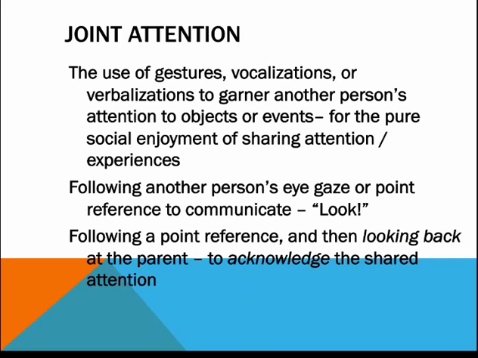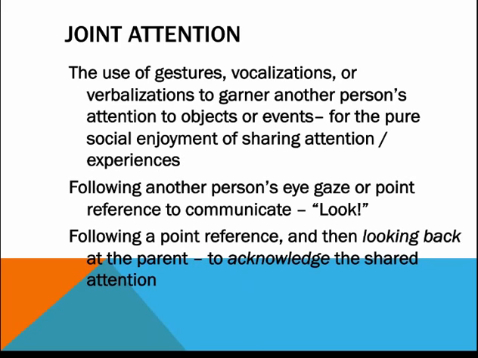So this could be done in a number of different ways. I could use gestures to garner someone's attention to something. I could use vocalizations. I could use verbalizations. All right. Gesture could be as simple as eye gaze. If I start looking at something, I can garner someone's attention to look at that object. Neurotypically developing babies can follow another person's eye gaze at 6 to 8 months of age.